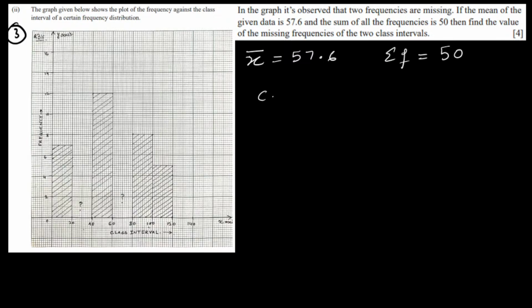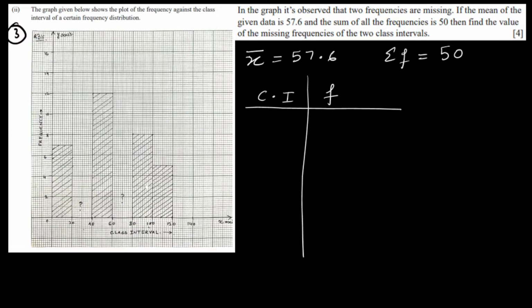So we can write the frequency distribution table. Class interval we can write, and we can write frequencies also. Then we can find out the missing ones. What is the class interval here? Because we have to write the frequency distribution table from the graph.